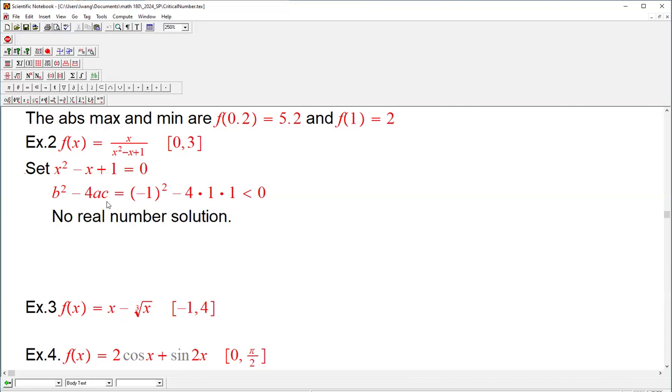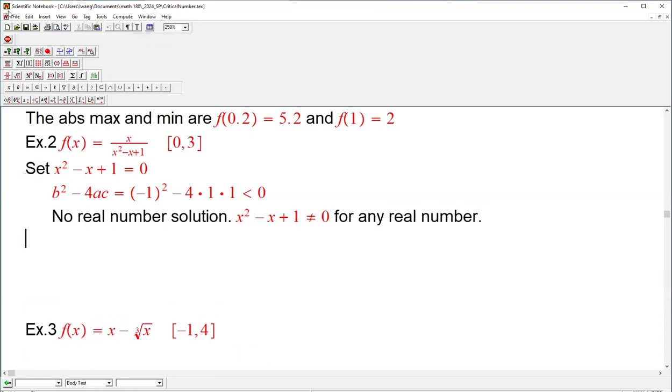But what does this tell us? This tells us that in real numbers, this piece will not be equal to 0 for any real number. And that is to say that this function is defined everywhere.